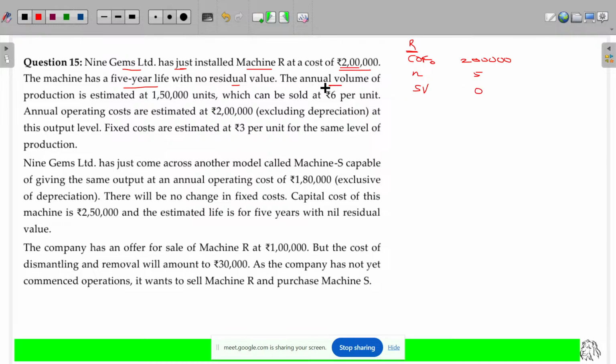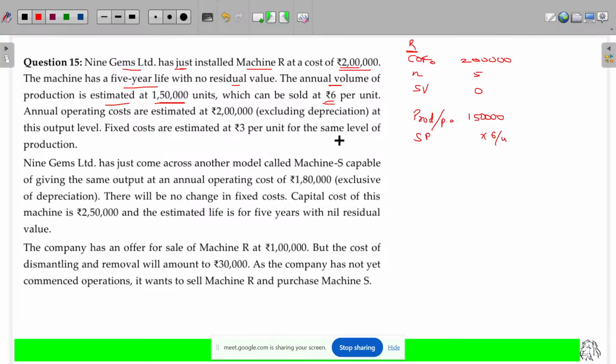The annual volume of production is estimated at 1,50,000 units, production per annum being 1.5 lakhs units, which can be sold at rupees 6 per unit.